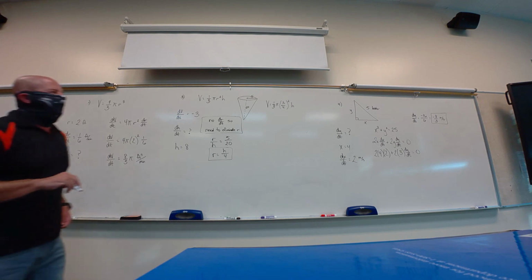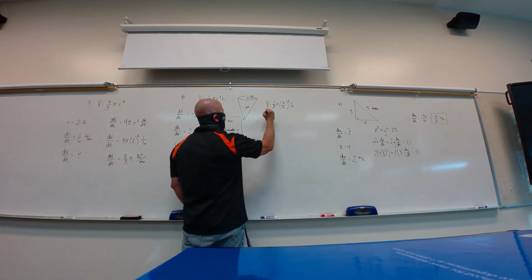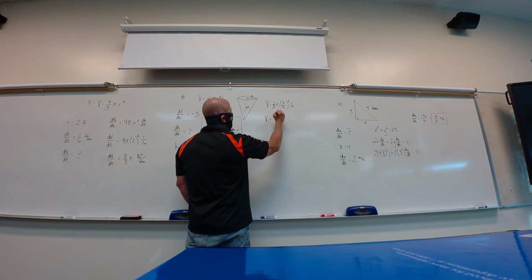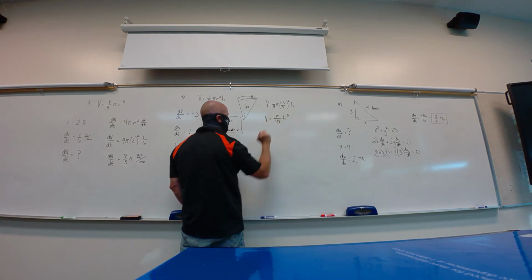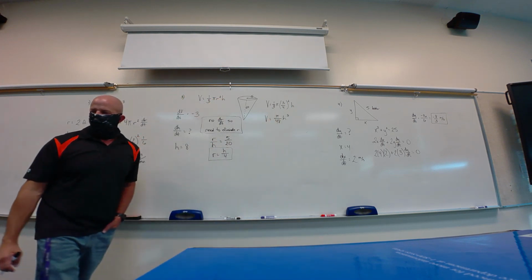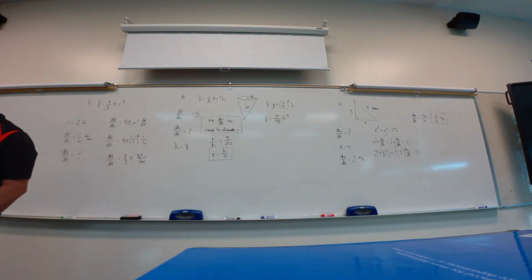All right. So let's clean this up a little bit. Let's see. This would be pi over 16 times 3 is 48 H cubed. Oh, 16 times 3.